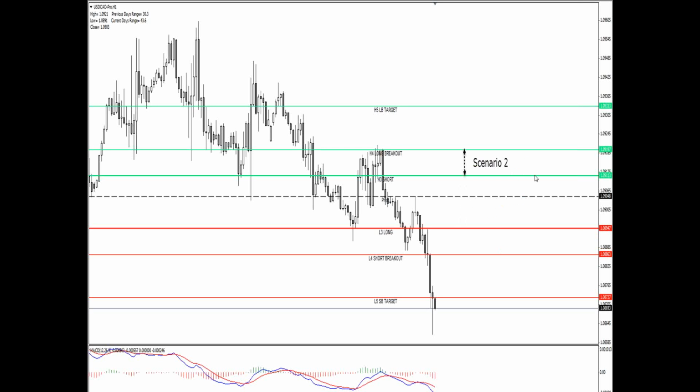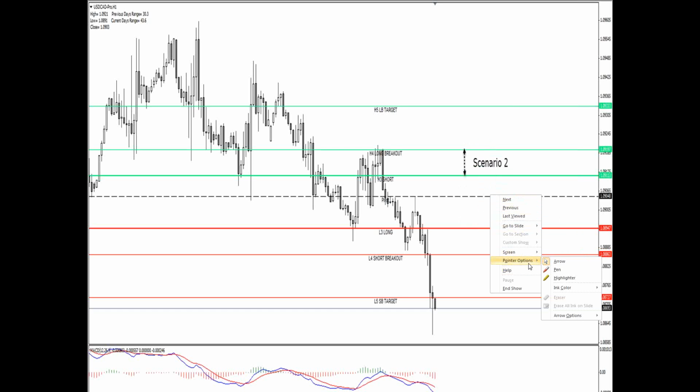Let me tell you about the short trade. This is for long trade, okay? How would you trade short? Again, simple. Wait for the price to go above H3, and then when it closes below H3, you sell. Stop loss is here, targets are there and there, okay? Simple, right?